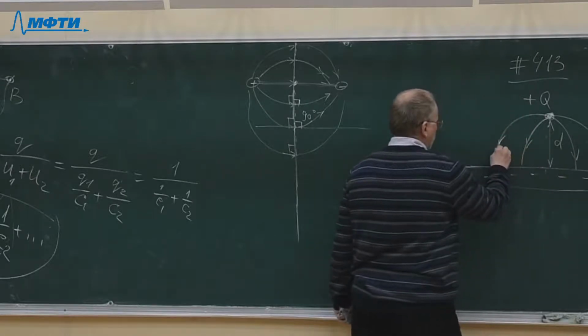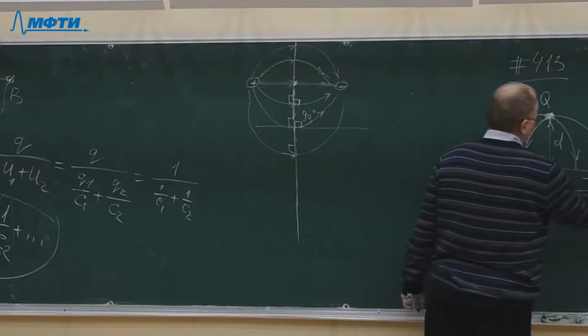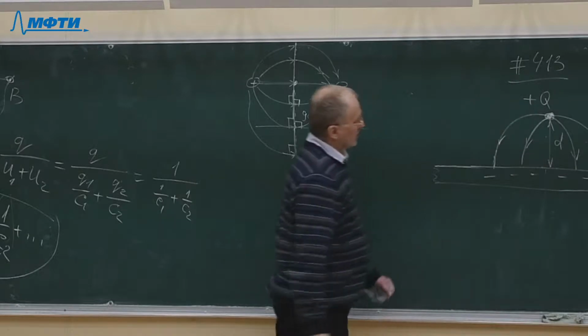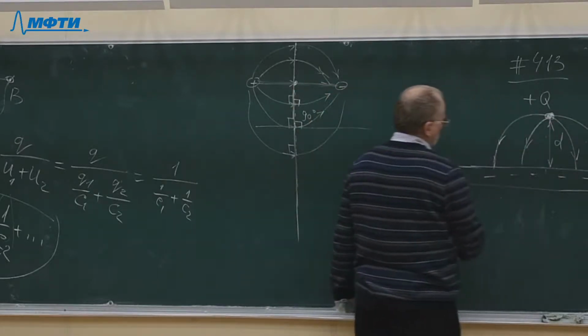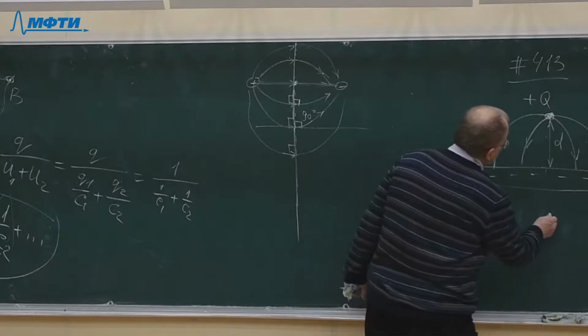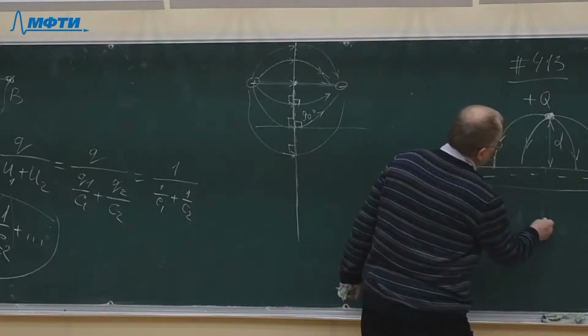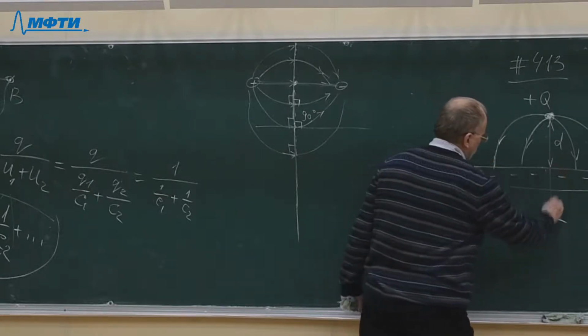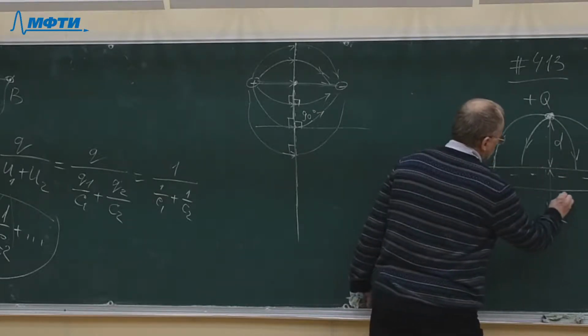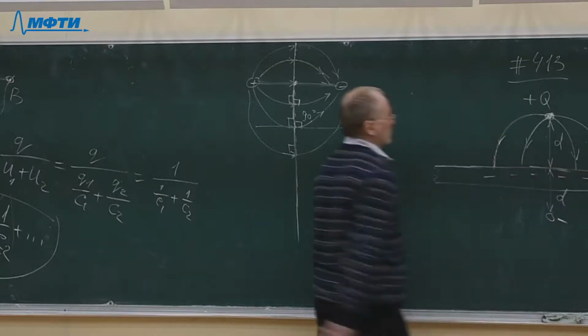And they will be perpendicular to the surface of the conductor. And these lines of fields will look just the same as if we had some negatively charged particle placed at the same distance d from the conducting surface.